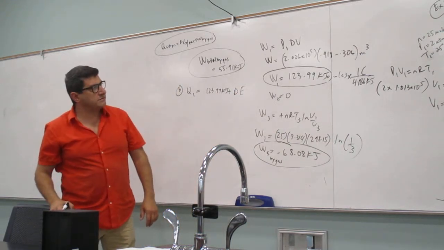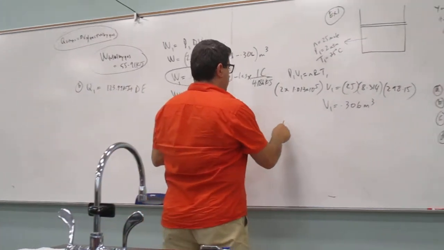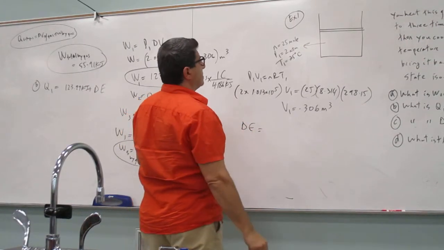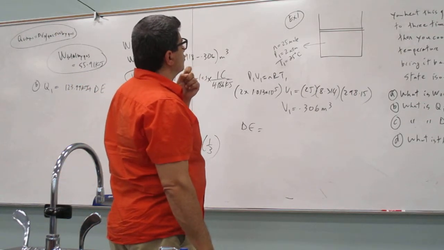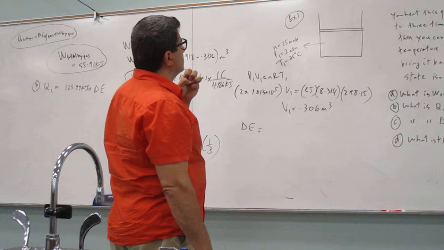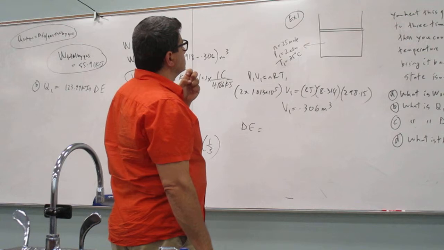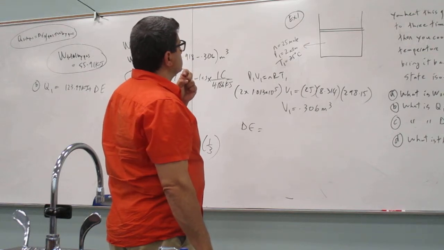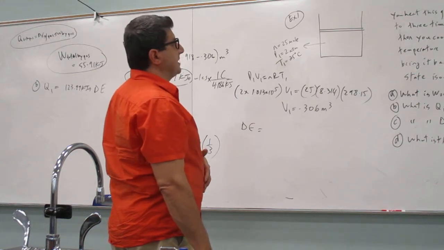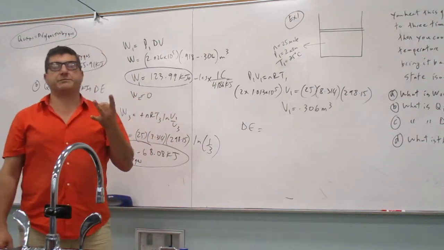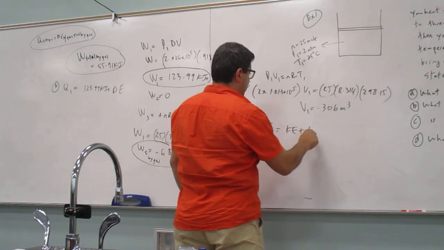So what's the change in internal energy of the gas? How do we find that? Well, now it does depend if it's monatomic or diatomic, because it has to do with whether the internal energy is made up of kinetic energy plus potential energy.